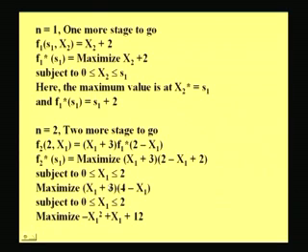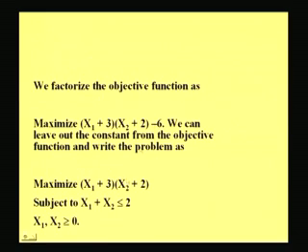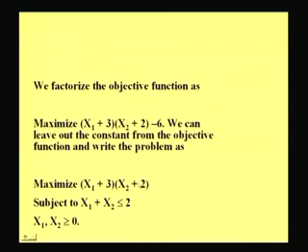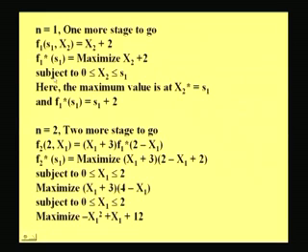So when n equal to 1, one more stage to go, we try to optimize on the variable x2 first. So we have f1 of s1 comma x2 is equal to x2 plus 2. We take only this term, the x2 plus 2 term. f1 star of s1, the best value of this function, is to maximize x2 plus 2 subject to the condition 0 less than or equal to x2 less than or equal to s1.